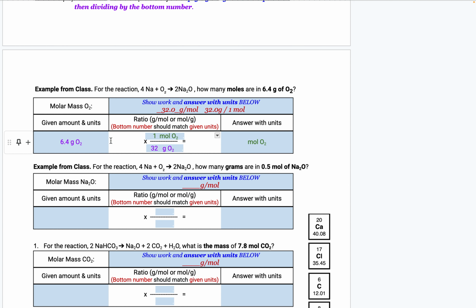We're going to multiply the top number and divide by the bottom. Now this arrangement of given, ratio, answer is what we're going to use every time. So I said at the beginning, this is a math heavy unit and you have to learn math, but it'll always look this way. It'll be set up in this way to really guide you to the answer.